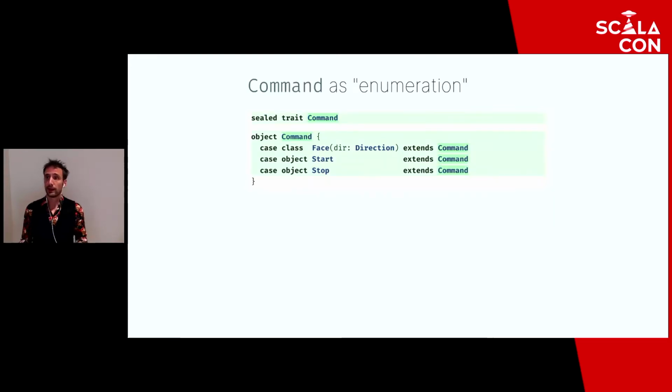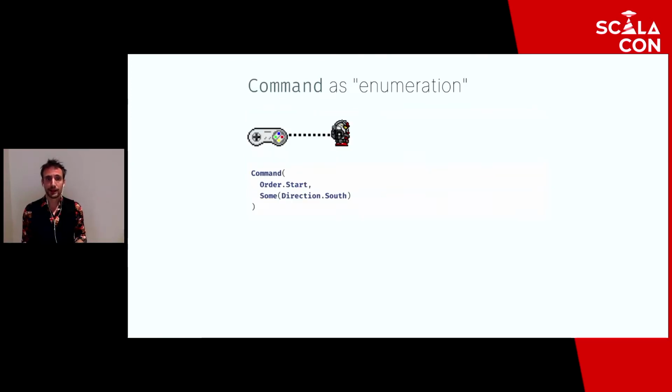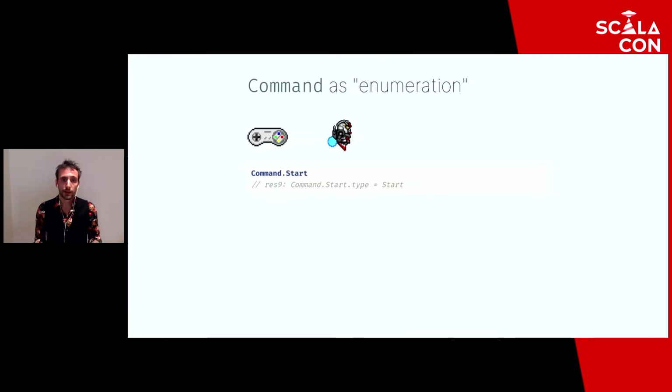It's actually the type command that we wanted to write all along. And now, with this new command, it is impossible to write start south. This will be rejected at compile time. But we could, of course, write command.start or command.face south. Both of these work. And cause the Gundam to move.